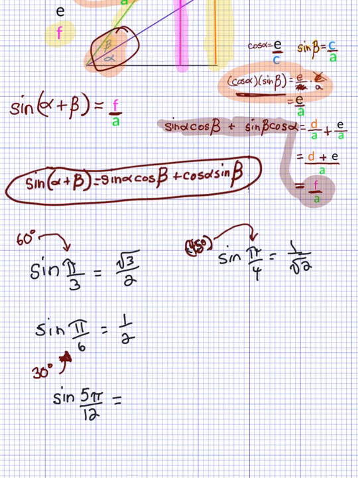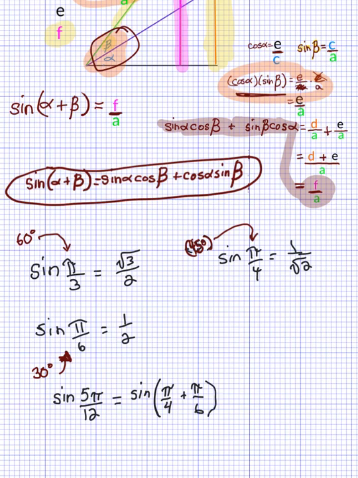Well, we don't know that one by heart, but we do know that for any compound angle, this is the same as sine of 45 degrees, which is pi by 4, plus the 30 degrees, which is pi by 6.